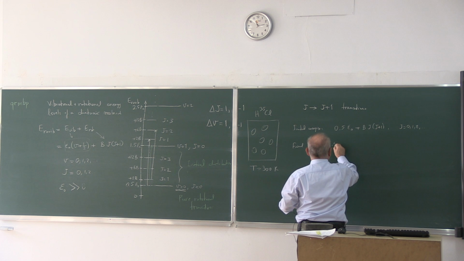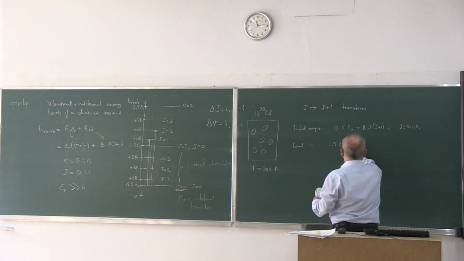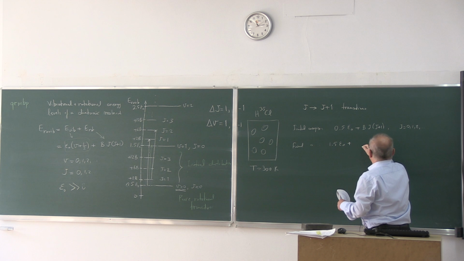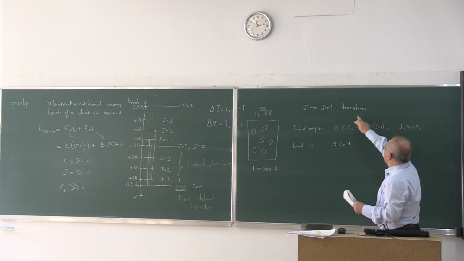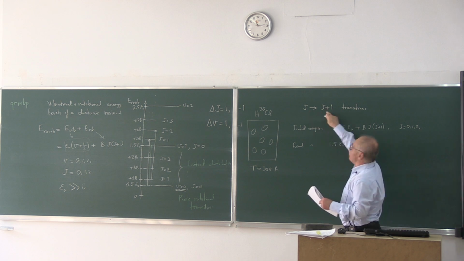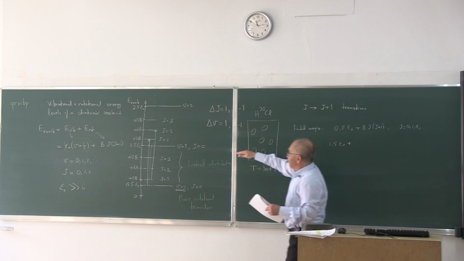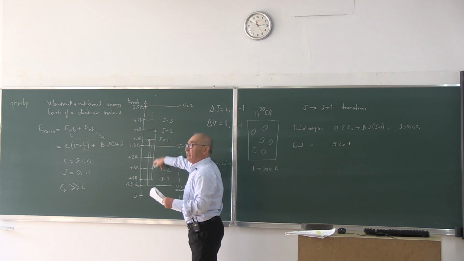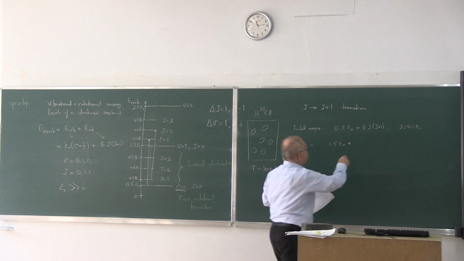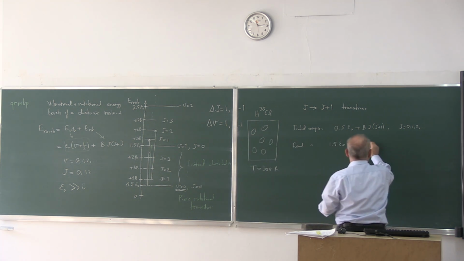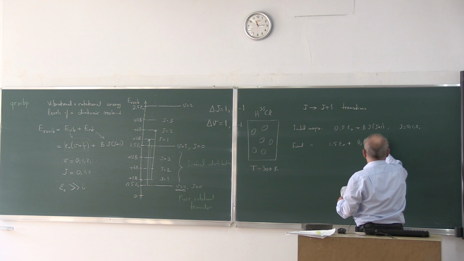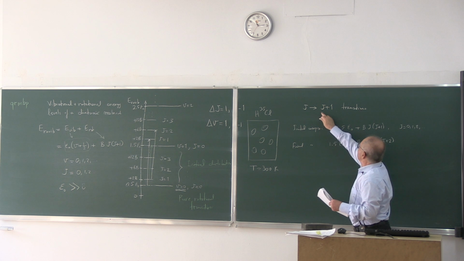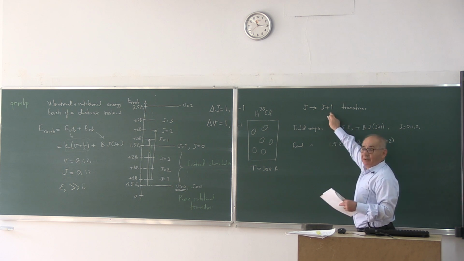The vibration part is 1.5 F0 plus, because I'm talking about J to J plus 1 transitions, the final J will be one more than the initial J. So I will write this as B times J plus 1 times J plus 2. Here I have replaced J with J plus 1.